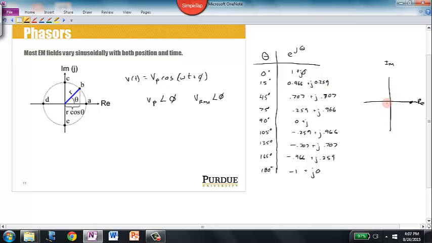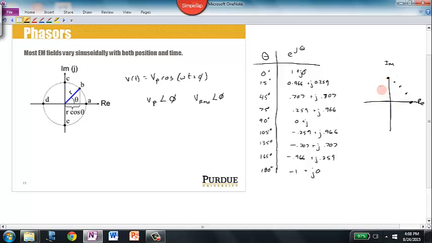So 1 plus j0 puts you about here. 0.966 plus j0.259 puts you about right here. 0.707 plus j0.707 puts you here. 0.259 plus j0.966 puts you about here, and 0 plus 1j puts you up here.